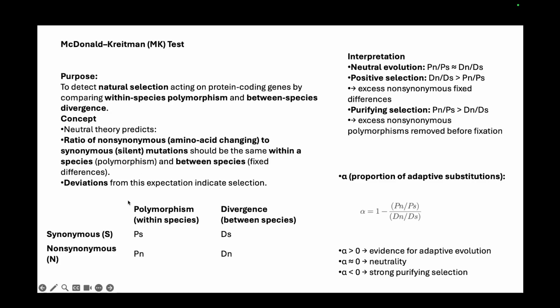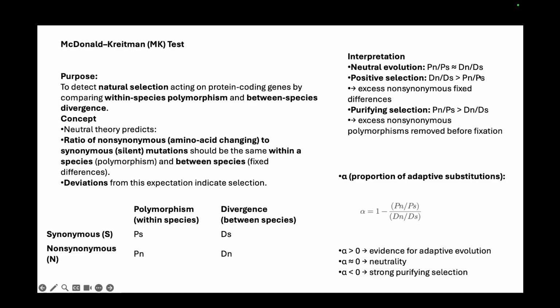So these are the terms that are used. For synonymous within species, it is used as PS. For non-synonymous within species, it is used as PN. Again, for other species, it is used as divergence between species as DS and DN. So the interpretation is, under neutral evolution, PN by PS is approximately equal to DN by DS.